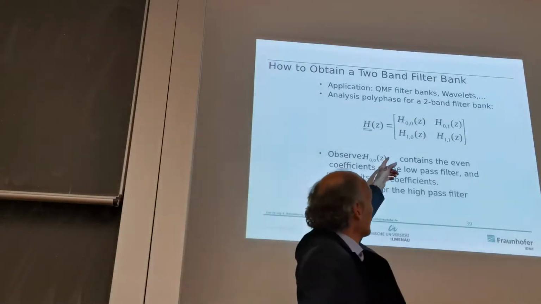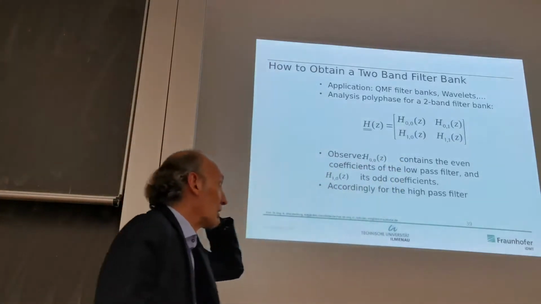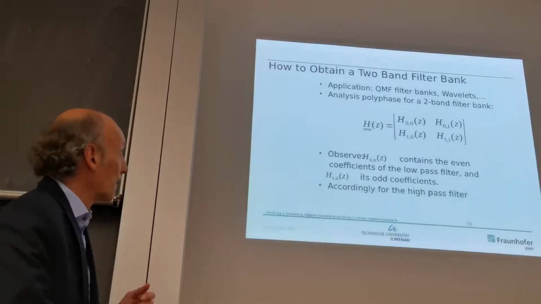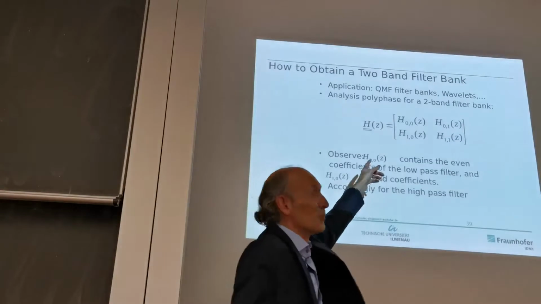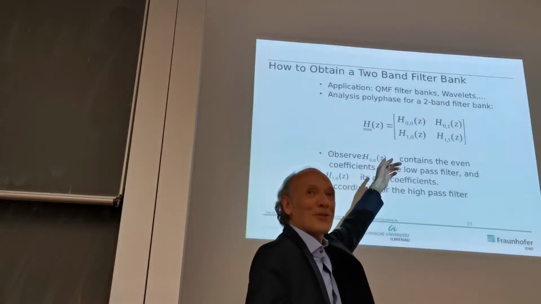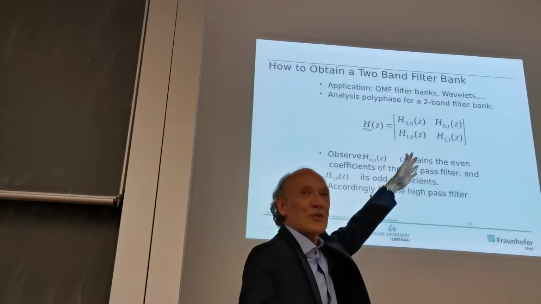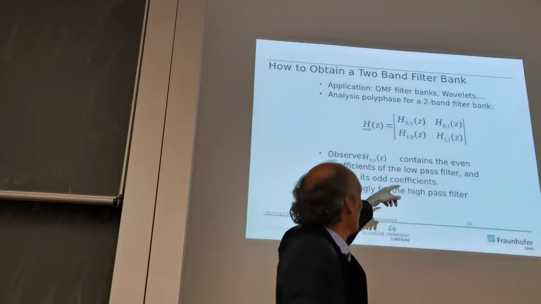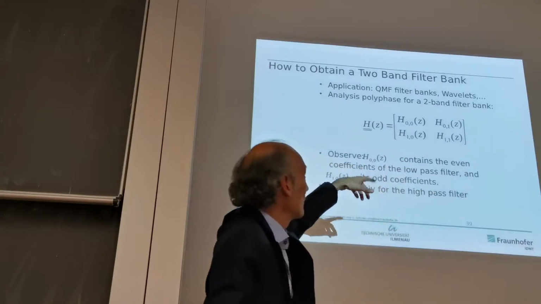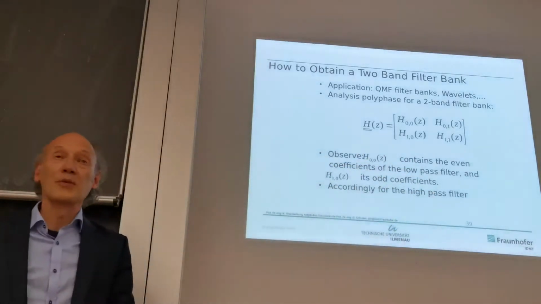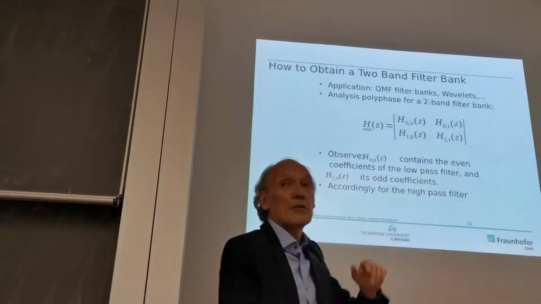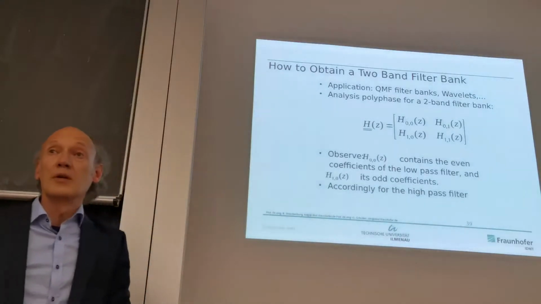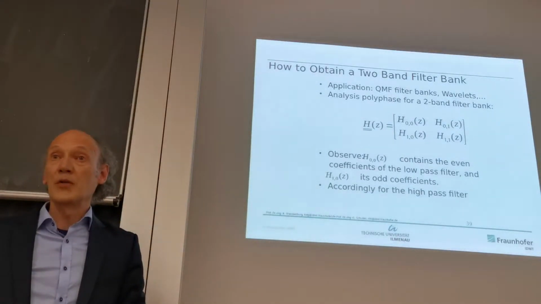So here's the polyphase representation of a 2-band filter bank. So just 4 elements. You may still remember polyphase. So we have 2 phases and 2 frequencies. Right? So the first index was phase, the second index was frequency. And each of those entries is the downsampled and Z-transformed impulse response.